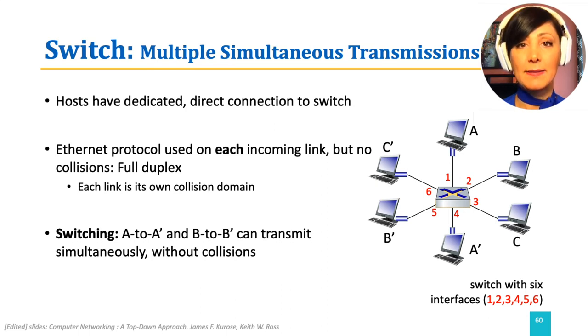If host A, connected to port 1, wants to communicate to A prime, connected to port 4, and host B, connected to port 2, wants to communicate to host B prime, connected to port 5, these communications are possible concurrently without causing any collisions. However, A to A prime and B to A prime may not happen at the same time.